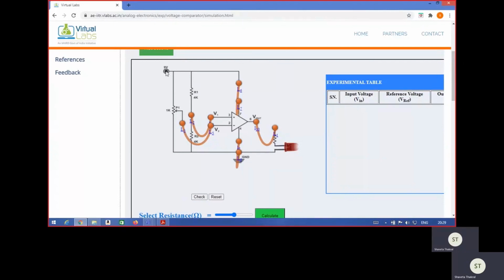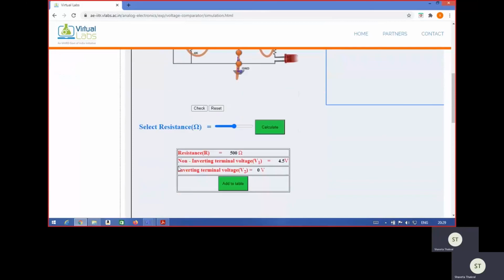Easily we can calculate that the 9 volt will get divided, and the voltage at this point will be 4.5 volt. So 4.5 volt is considered the reference voltage at the non-inverting input terminal. We can see here this is already calculated: the non-inverting terminal voltage V1, the reference voltage, is 4.5 volt.